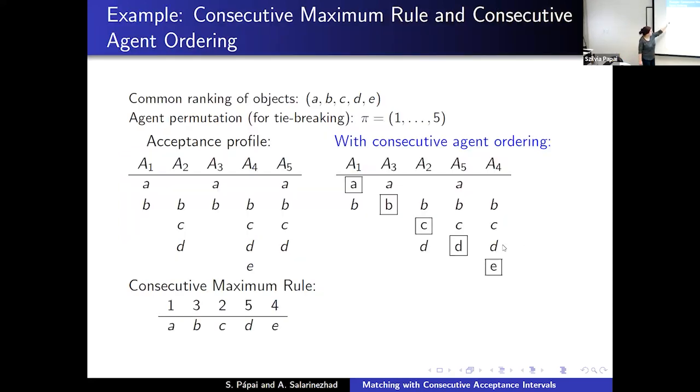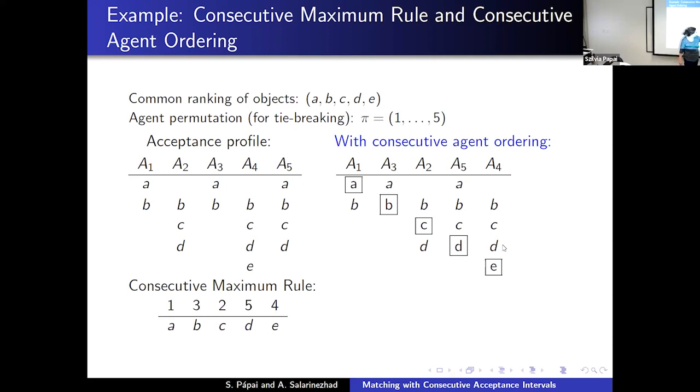So this is the same example that we've seen before, but now I sorted the acceptance sets according to the consecutive agent ordering. So we have AB first, and then 1 comes before 3 because of the tie breaking, and so on. Notice here, 2 comes before 5 because although they end with the same object, 2 starts later, and so on.